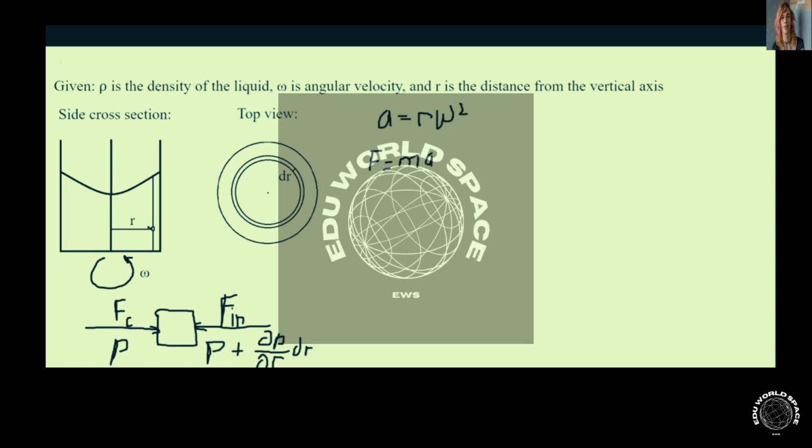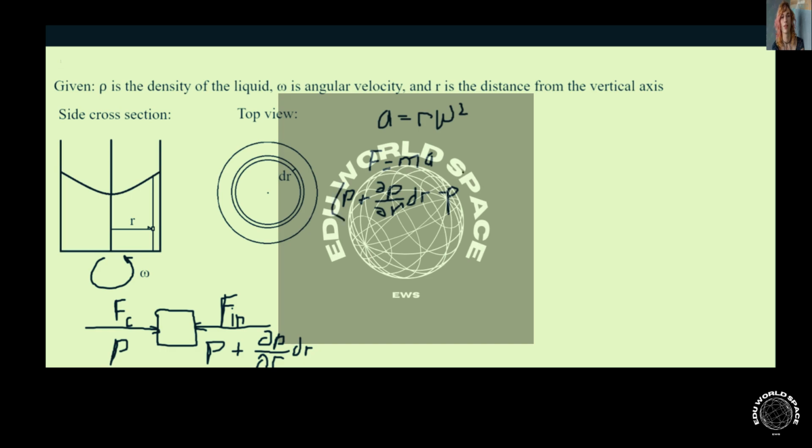So for our net forces, we're going to have F in, which is P plus the change in pressure over dr times dr, minus P. Now you might be saying to yourself, well, this is not a force. And you'd be right.